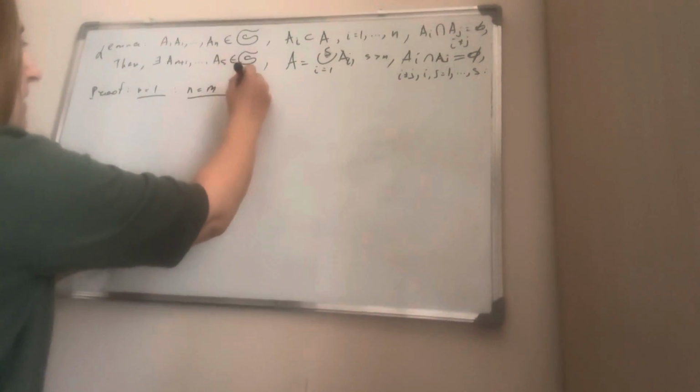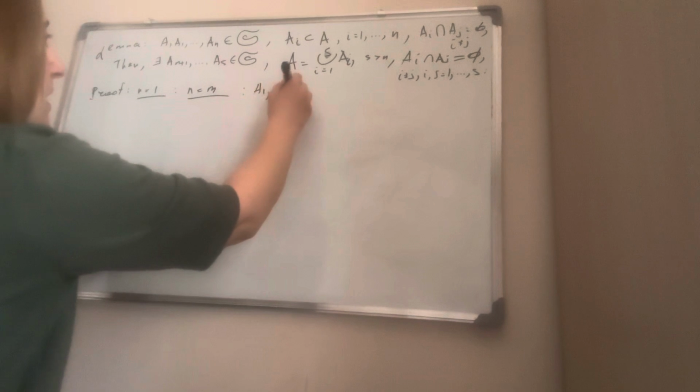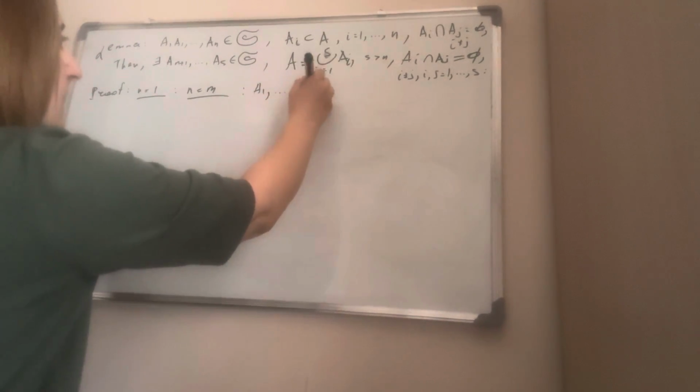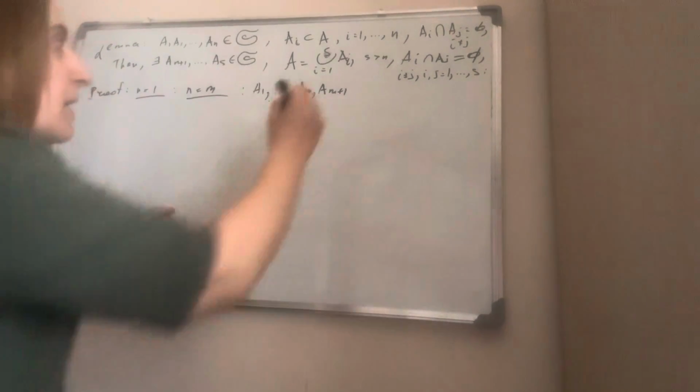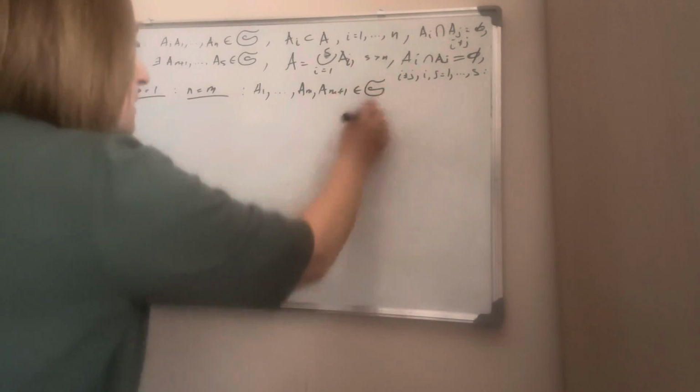So let's take sets A1, ..., Am+1. Let's assume that they are mutually disjoint and they belong to the semiring sigma.